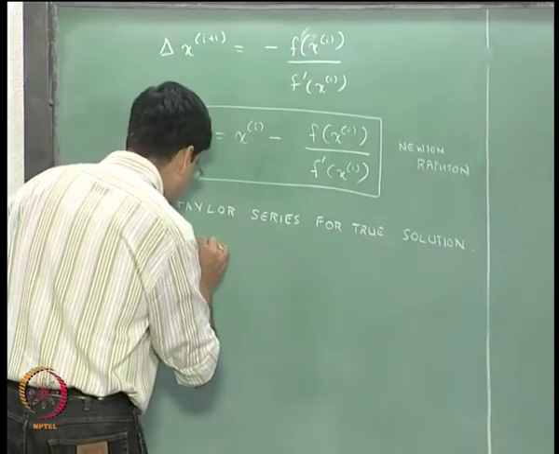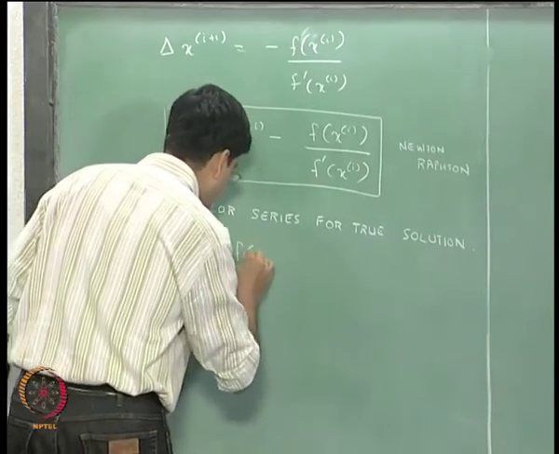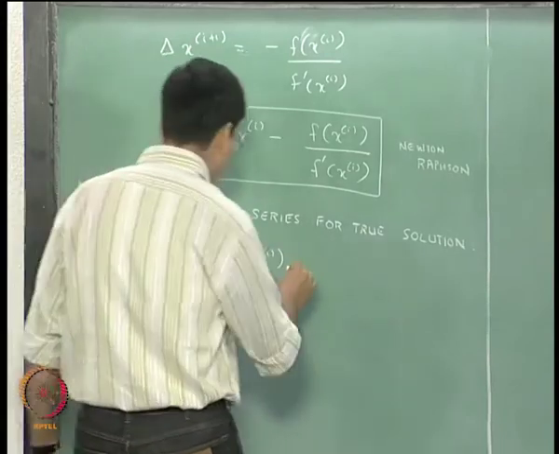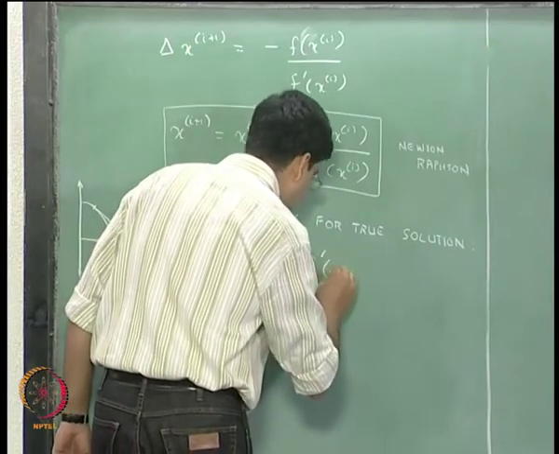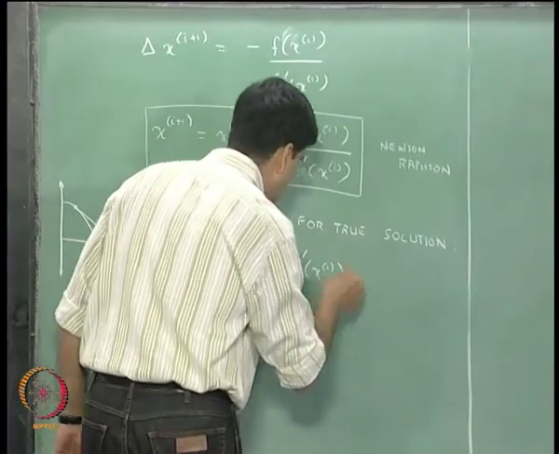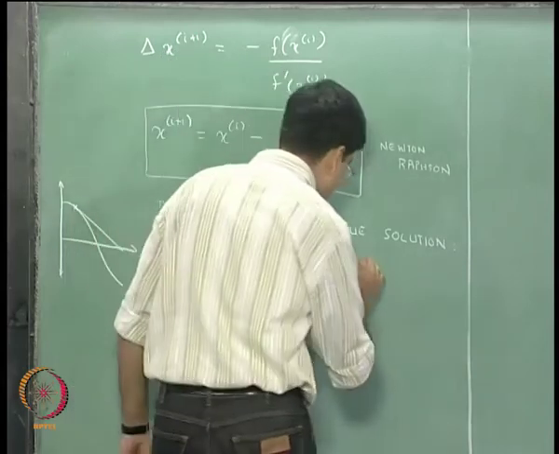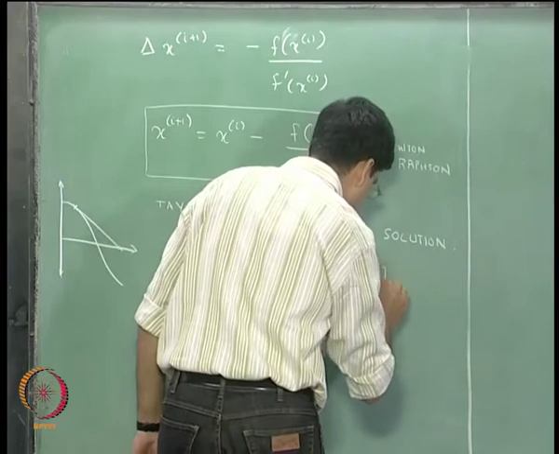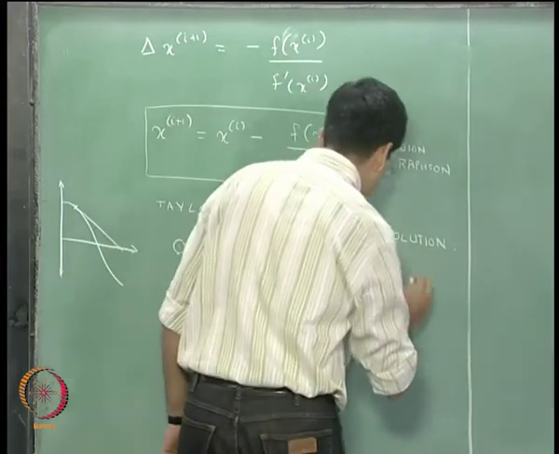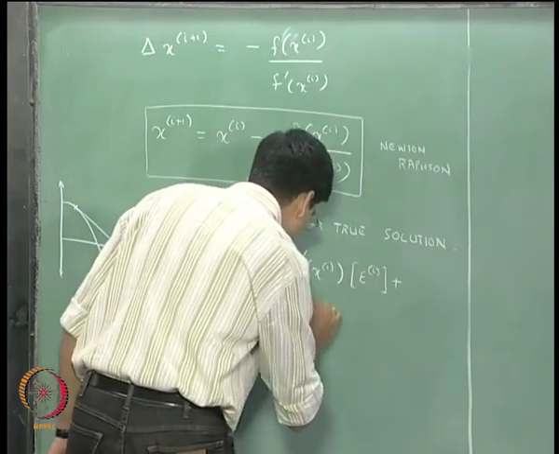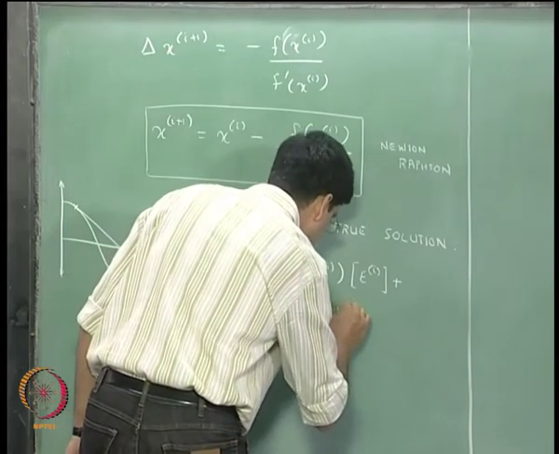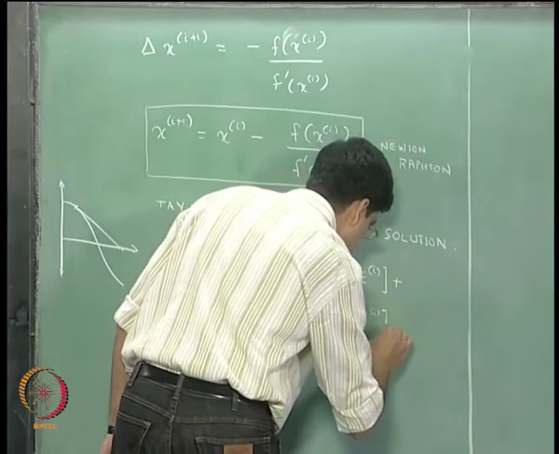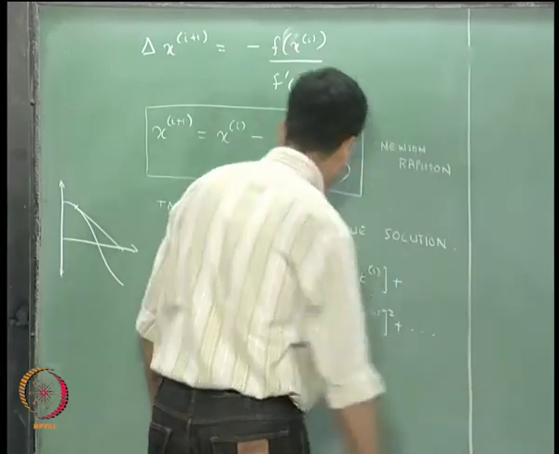So 0 is going to be equal to f of xi plus f dash of xi multiplied by x bar minus xi, which is nothing but our ei, plus f double dash of xi multiplied by ei squared, and so on.